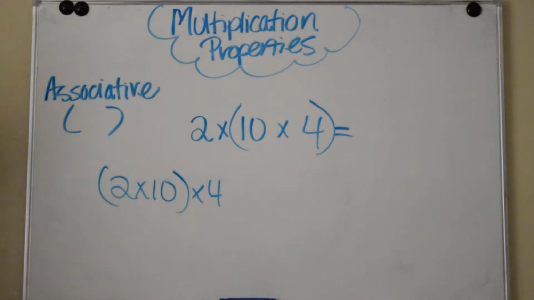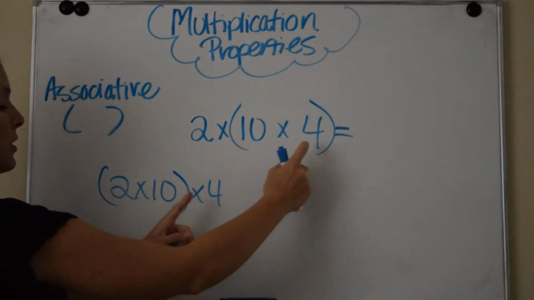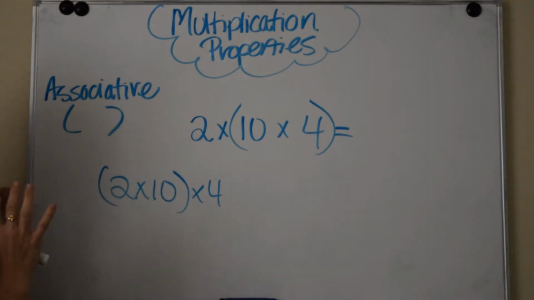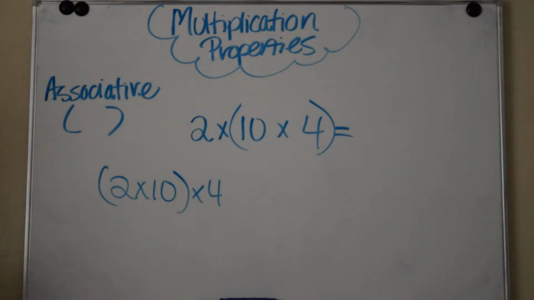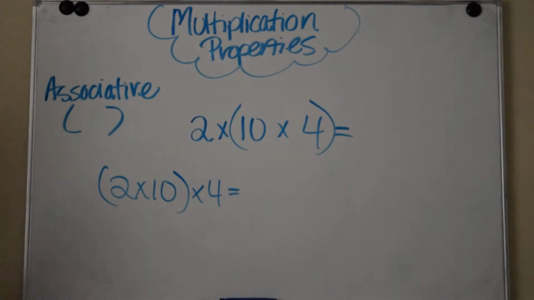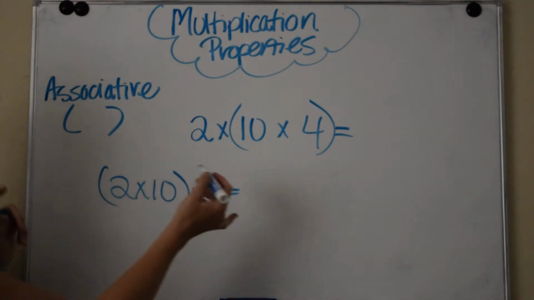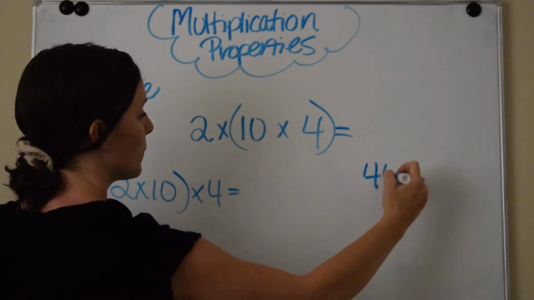Most importantly, if you're showing the associative property, you need to use the same digits from the original equation. Using parentheses, you're going to group two different numbers together and see if you come out with the same answer. Remember, parentheses tell you to solve what's in the parentheses first. So here, I need to do 10 times 4 first, which gives me 40.